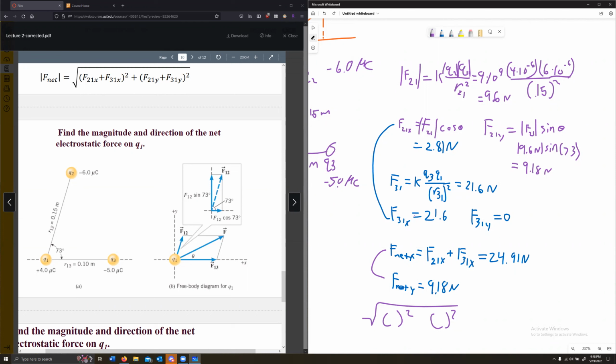This should be 9 times 10 to the 9th times Q3, which would be 5 times 10 to the -6. I keep getting 18. Okay, hold on, I'm going to write this out. Maybe our teacher had a typo. We don't know.